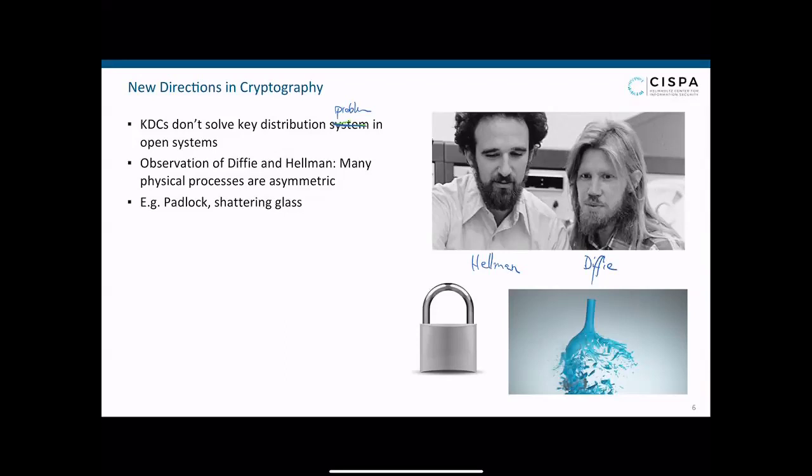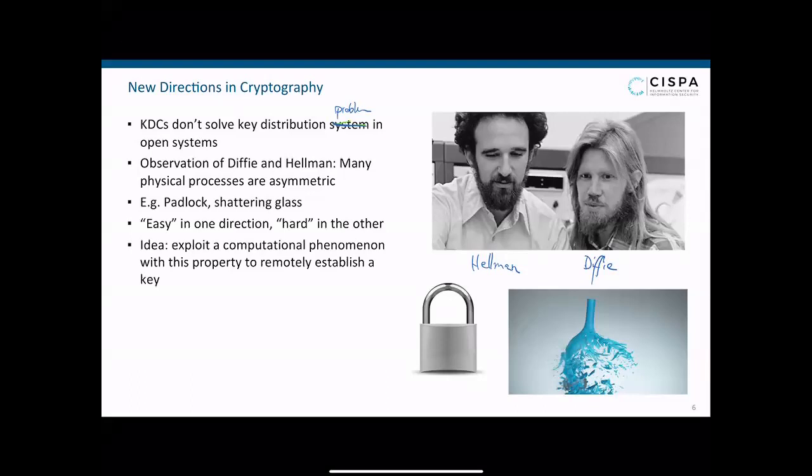So here you have processes where you can easily do something in one direction, but the other one is hard. For the vase, putting it back together is generally hard, but for the padlock, if you're in possession of the key, you can open it up again. So if you have some additional secret information that's specific to the padlock, you can open it up again.